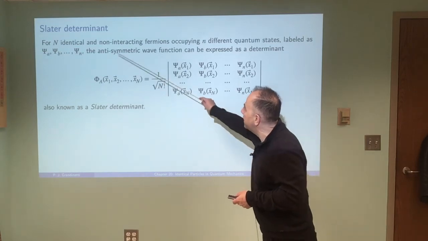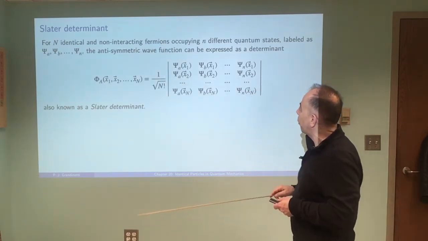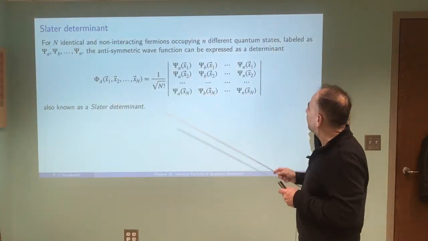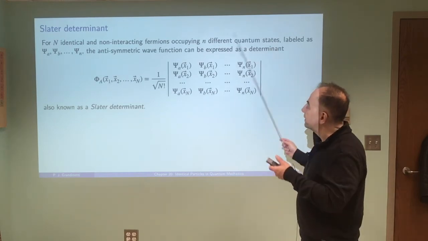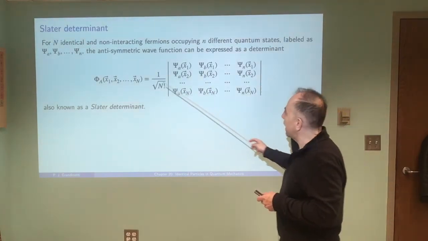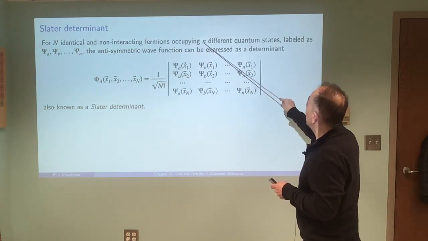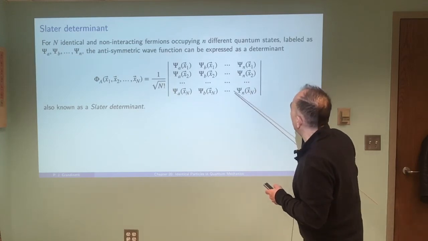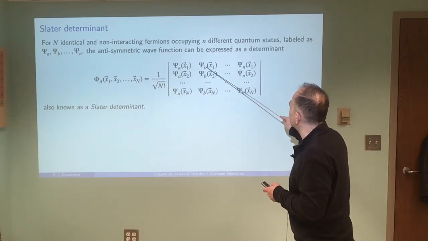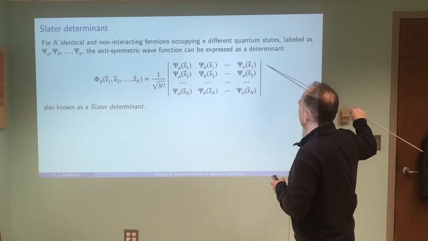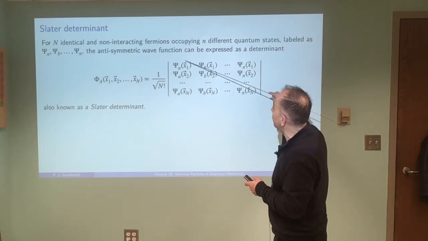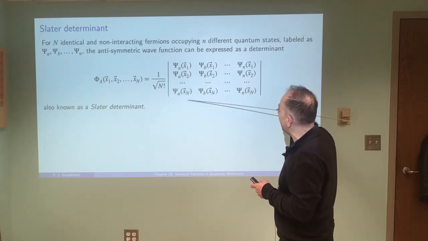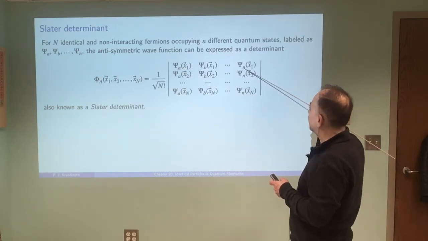So if you have n identical and non-interacting fermions, so that you know that you can write your wave function as this product of individual wave functions, and you know that they're going to occupy n quantum states, so capital N for the number of fermions and lowercase n for the number of quantum states, then you can construct a determinant where the number of quantum states is all going along the horizontal here, and the number of particles, or the non-interacting particles, is going down here. So this goes from 1 to capital N, and this goes from A to lowercase n.